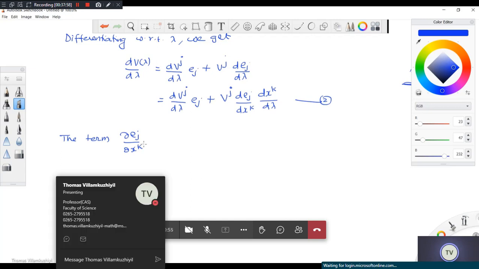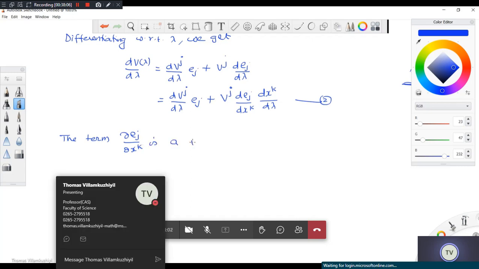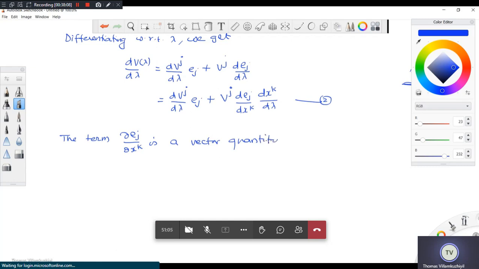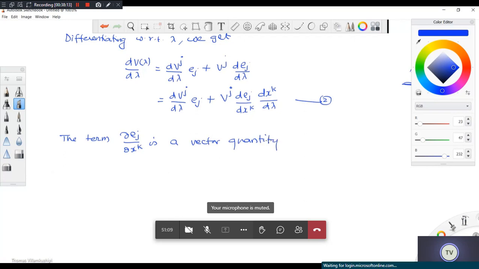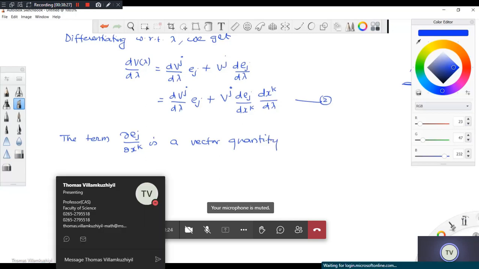So this is a vector quantity representing the rate of change of the basis vector with respect to xk.